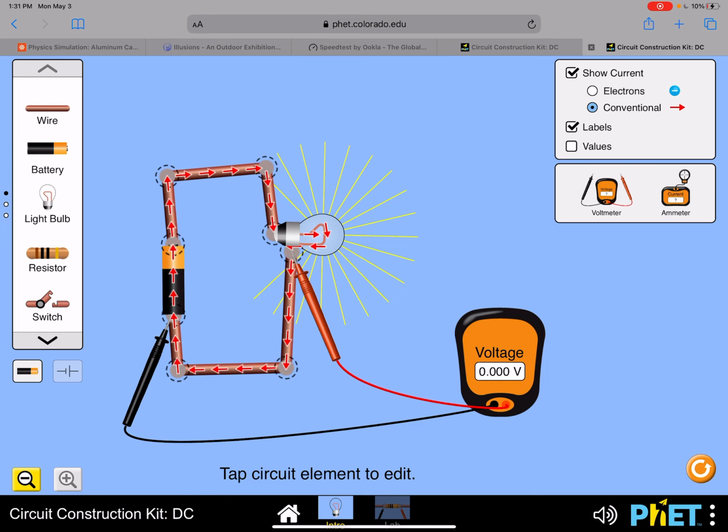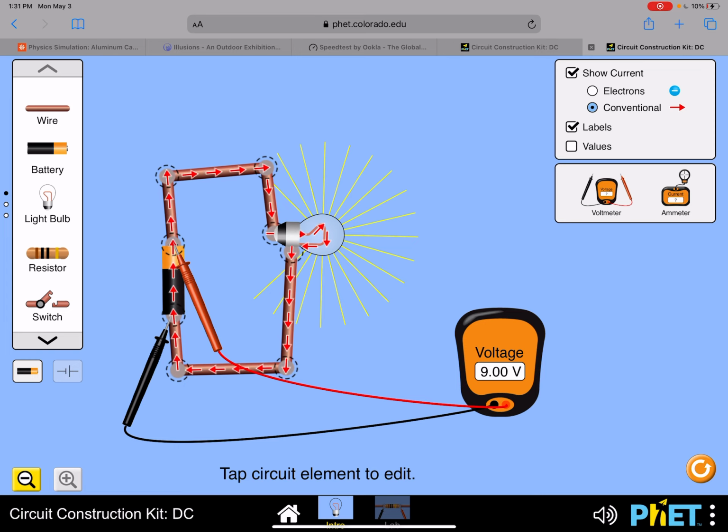I think it was arbitrarily assigned by Ben Franklin and other early physicists before they knew what an electron was. So the change in electric potential is going to be the exit point minus the entrance point. If I'm looking at the battery, the exit point is the positive end of the battery, and the entrance is at the negative end of the battery.